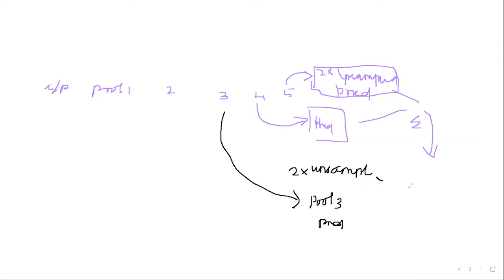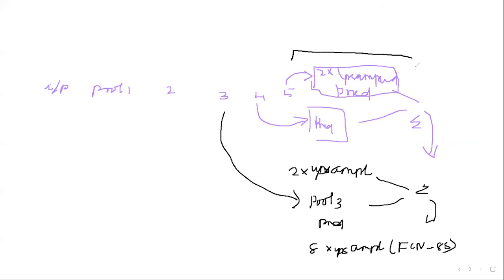Now these two will be summed up and it will lead to an 8x upsampled prediction for FCN 8. Clear? Right? So what is upsampling over here? This stage is upsampling, and similarly this stage is upsampling. So here we are getting output as the 8x upsampled prediction, FCN 8, right?